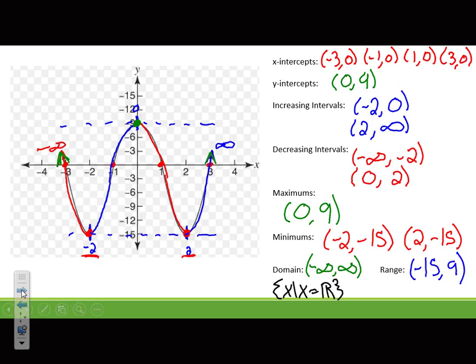Now if I would write this in set notation, it would look like this. y such that, now it has to be smaller than 9 and larger than -15. So I have my y in the middle, -15 less than or equal to y less than or equal to 9. So there's interval notation and set notation.